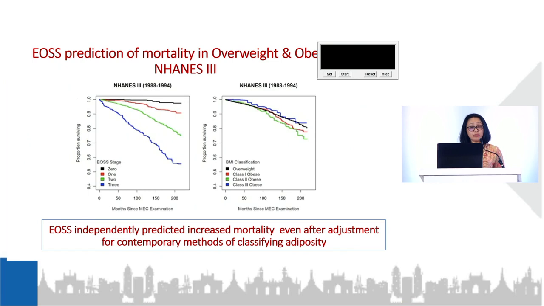And the Edmonton obesity staging system independently predicted increased mortality even after adjustments for contemporary methods of classifying adiposity.